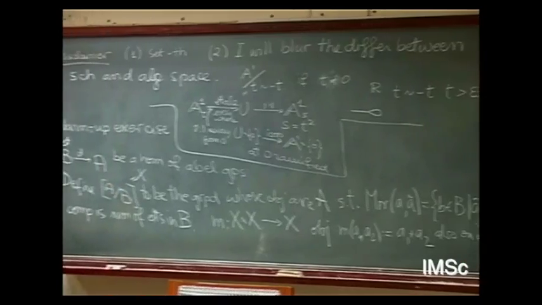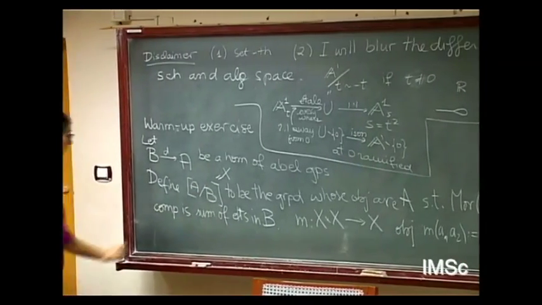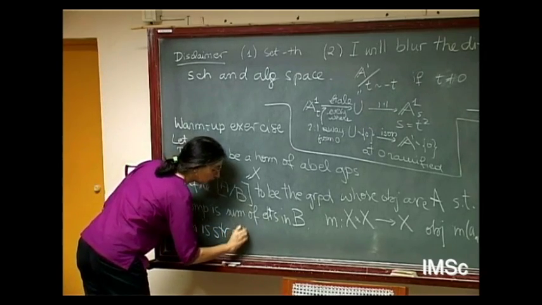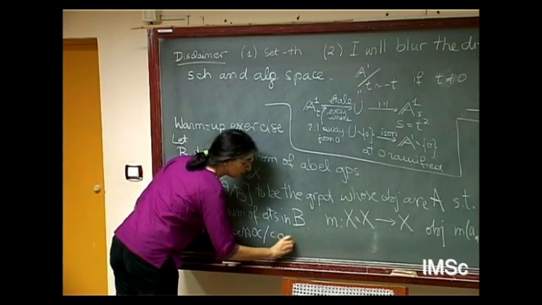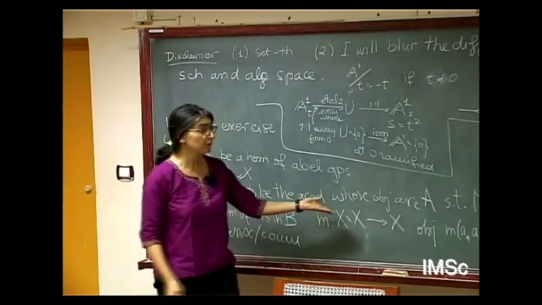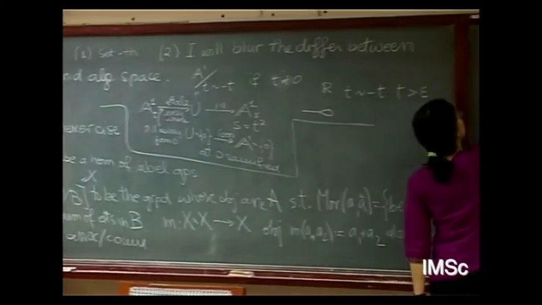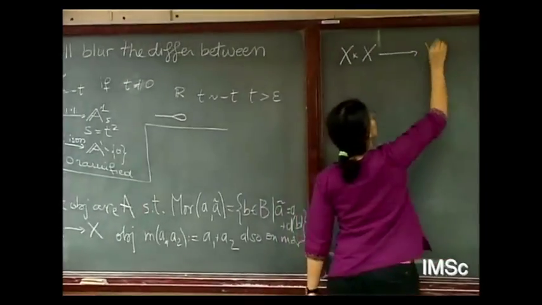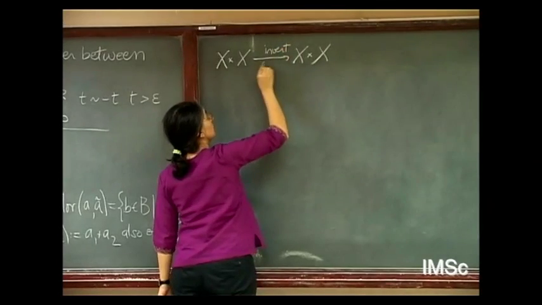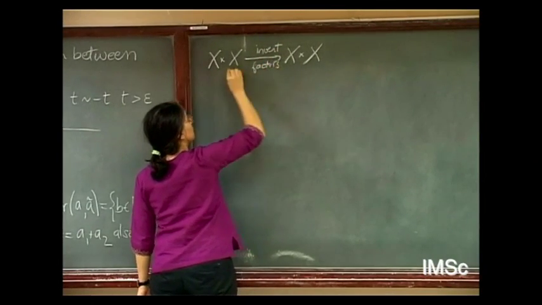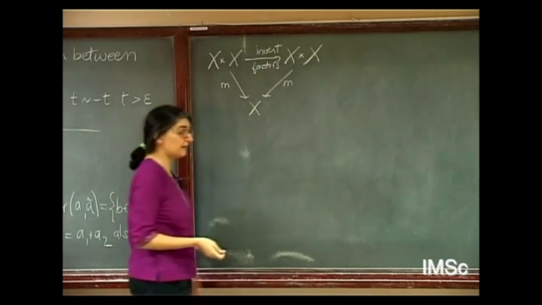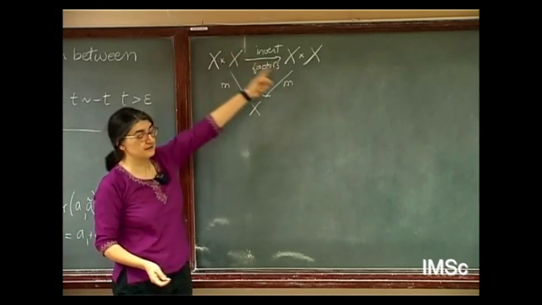And what you can check is that this multiplication is strictly associative and commutative. And by strictly, I mean, for instance, for commutativity, strictly commutative means that if I here invert the factors, this functor is equal to this composition.